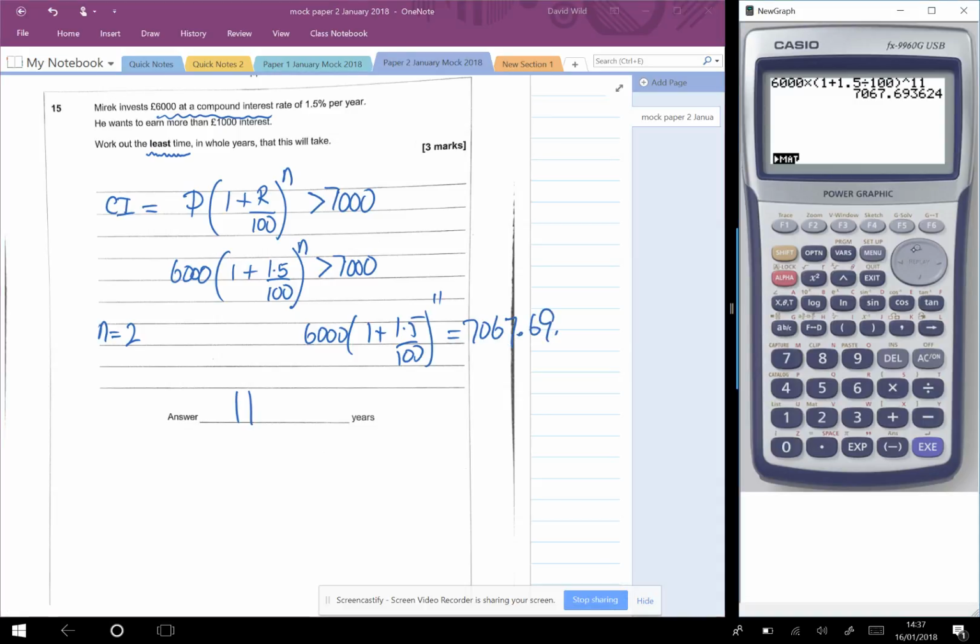And if we did that to 10, back again, that's 6,000 times 1 plus 1.5 over 100 to the 10 is 6,963. That's not enough. Too little. So the answer is 11. Okay, so I'll just get a rough idea about how to do that with the calculator.